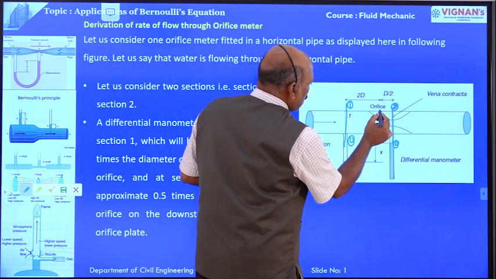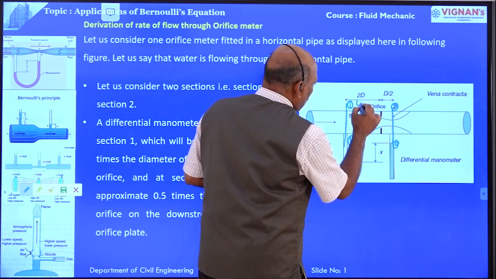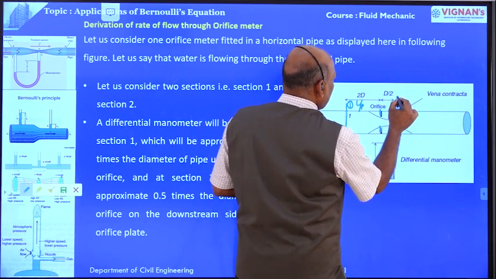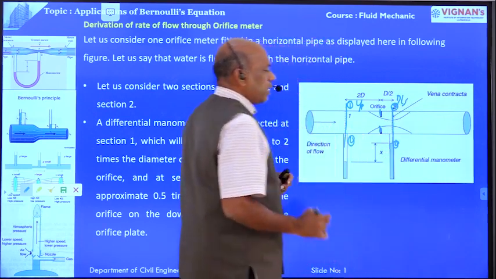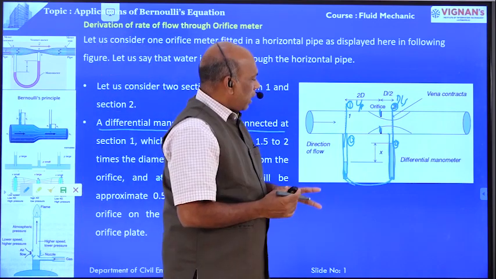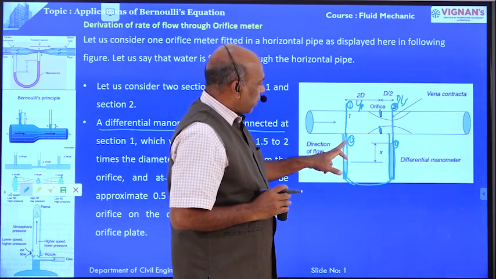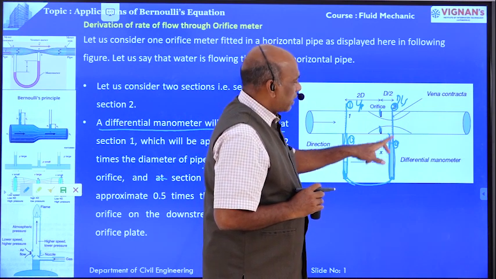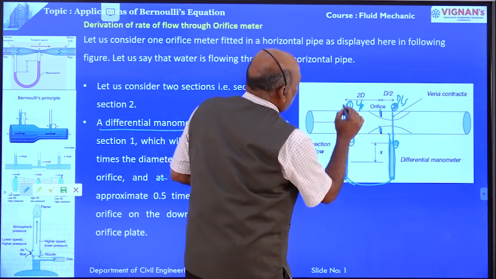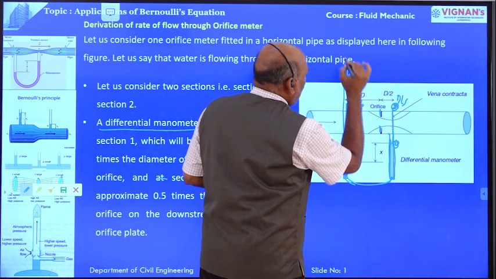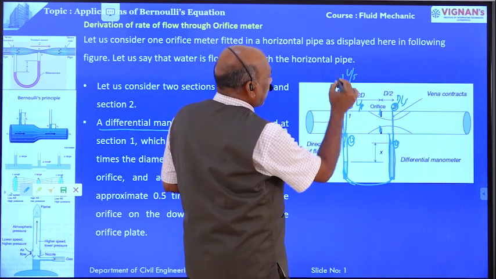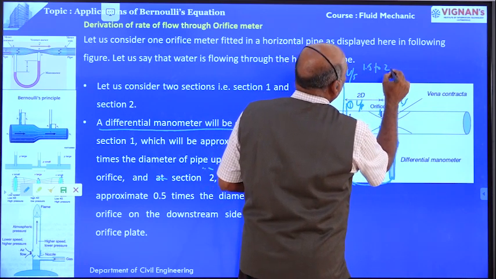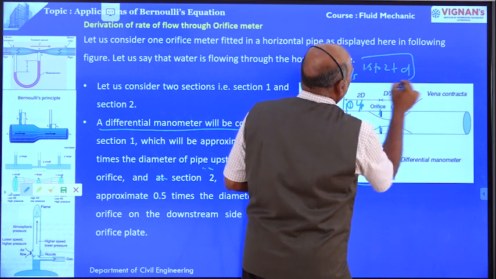One section is on the upstream side of the orifice and another section is on the downstream side of the orifice. One end of the differential manometer is connected at section 1. The other end of the differential manometer is connected at section 2.